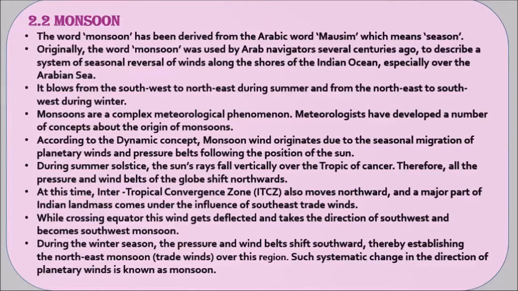During summer solstice, the sun's rays fall vertically over the Tropic of Cancer. Therefore, all the pressure and wind belts of the globe shift northwards.